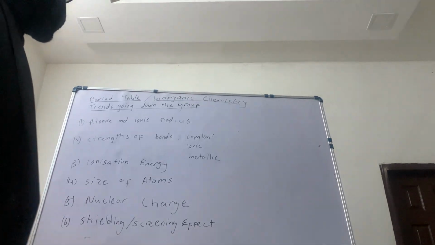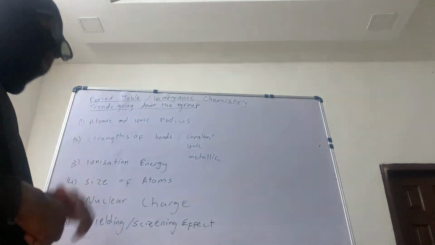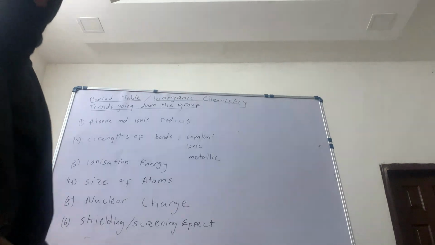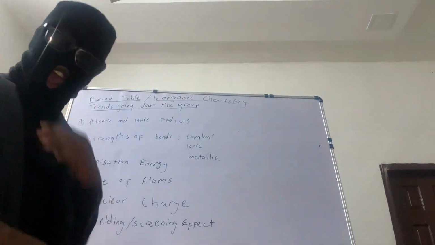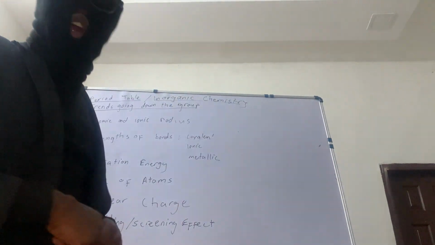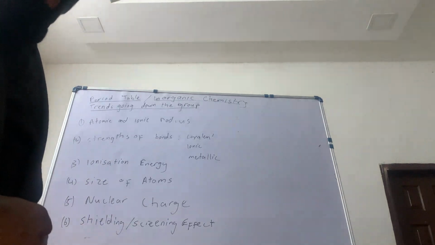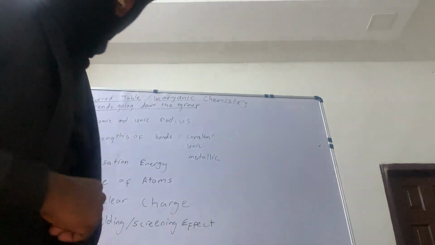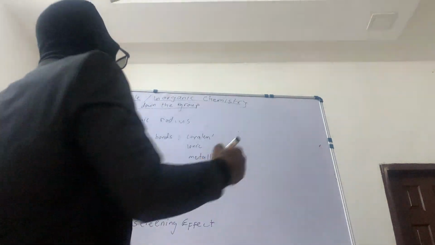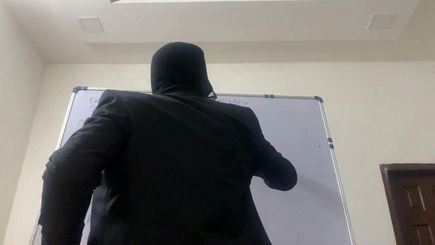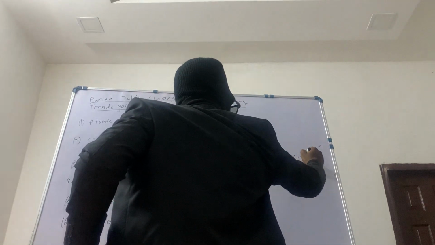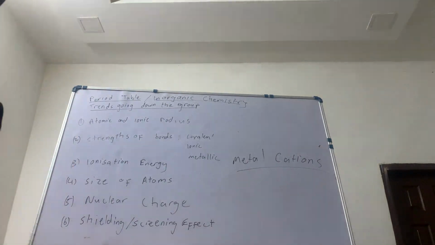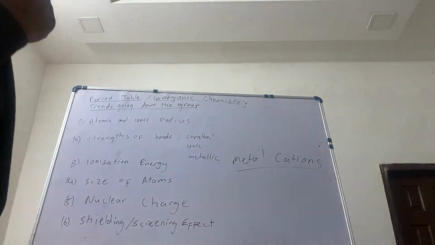What happens to the strength of metallic bonds? As we go down the group, the size of the ions is increasing, which implies that the charge density of the metal cations will also be decreasing.